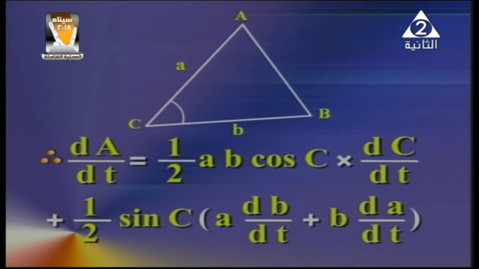Dear student, the area of a triangle is half base times height, here half AB sin C. Differentiating with respect to time, using first derivative of second plus second derivative of first.